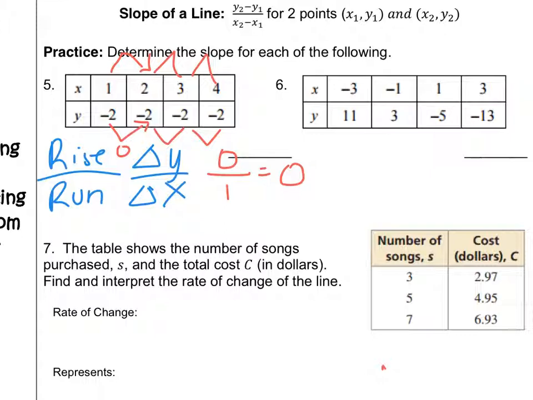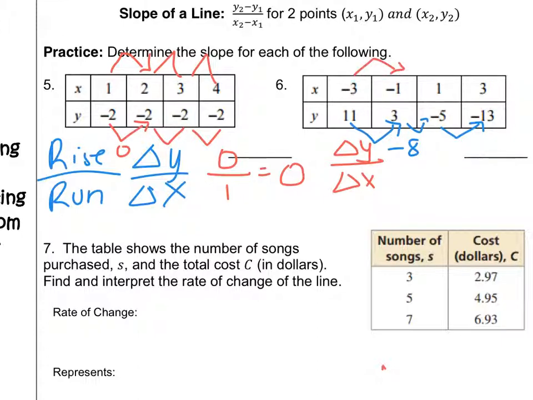Again, we're going to do change in y over change in x. So let's look at our y. Going from this first y to the second y, it's changing by -8. It's gotten smaller by 8. If we look again, just to confirm, that one's also by 8, and that one's by 8. Now let's look at our x.